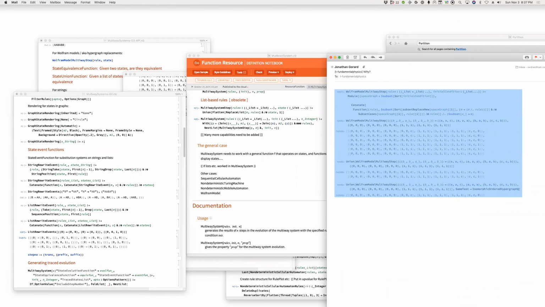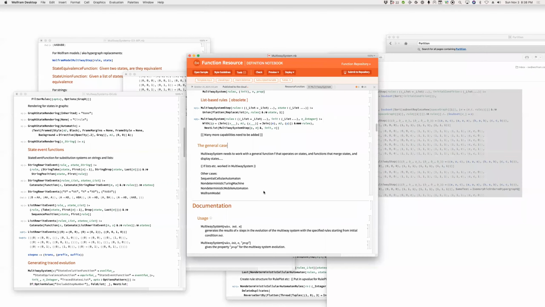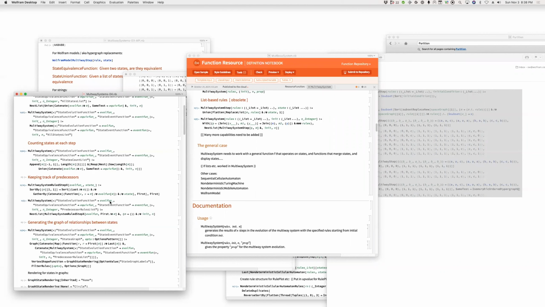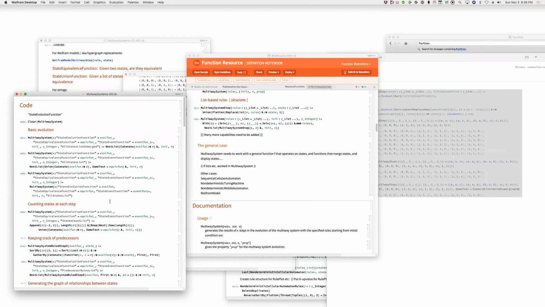There you go. But subset replace is in a weird context, right? Mm-hmm. Which is why I don't want to commit this to the function repository right now. Well, what context is it in? Because we're going to need it here. You need to do Needs GraphStore backtick and then Needs GraphStore backtick Subsets. Okay. But that's in the system context, right?